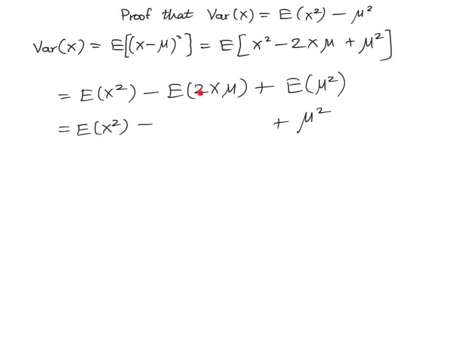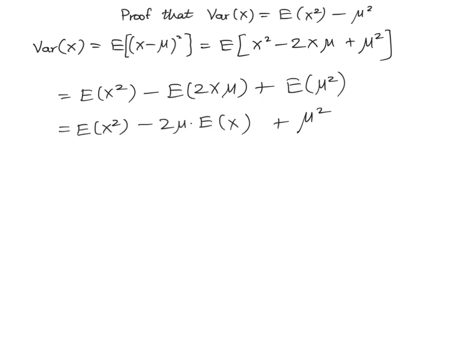Now, 2 times mu, those are both constants, so 2 times mu is the coefficient, and by the rules we just established, the expected value of some coefficient times a random variable, well, that coefficient can simply get pulled out. So minus 2 mu times the expected value of x. So I essentially pulled that 2 mu, that coefficient, out in front and left myself with the expected value of x.